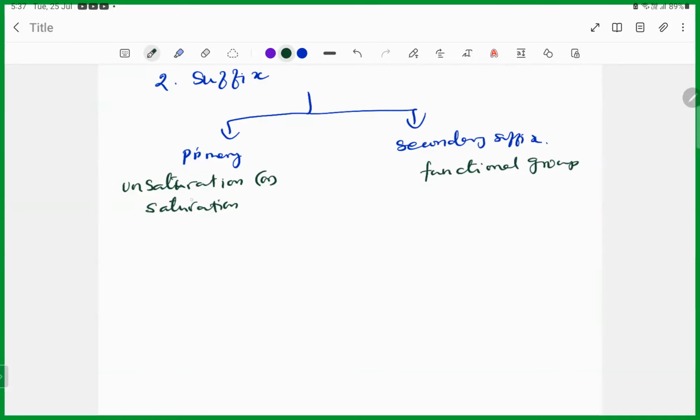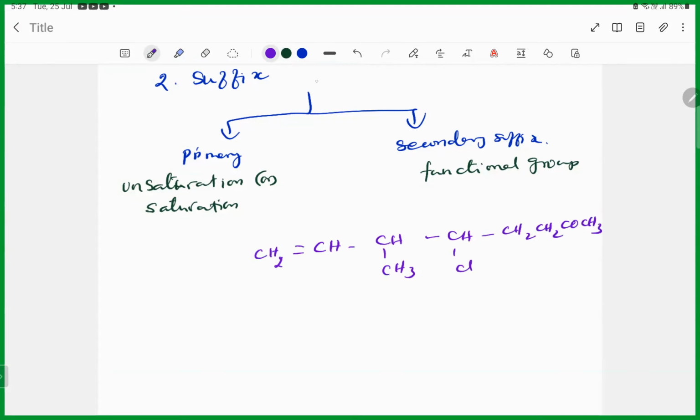So if you have a linear chain like this, with branching here, and suppose a double bond, and then finally the functional group, these first ones are called primary, and the end functional group is called secondary. For example, I'm writing CH2=CH-CH(CH3)-CHCl-CH2-CH2-CO-CH3.